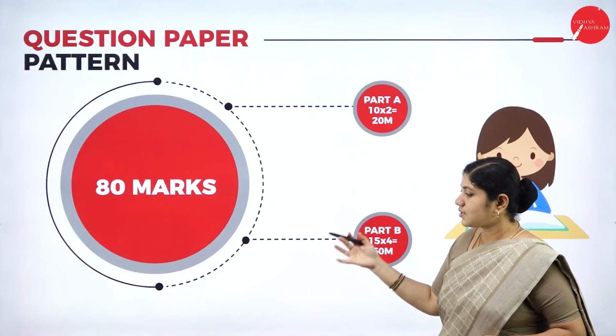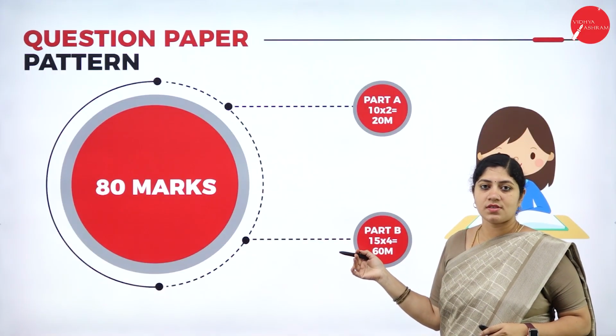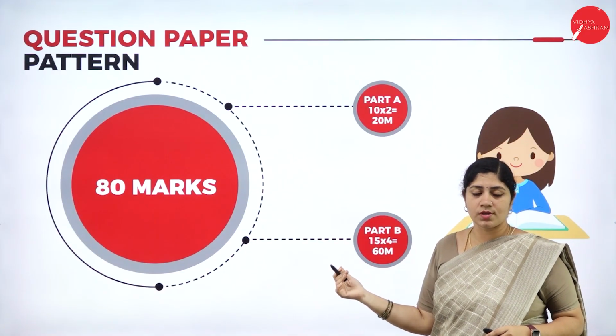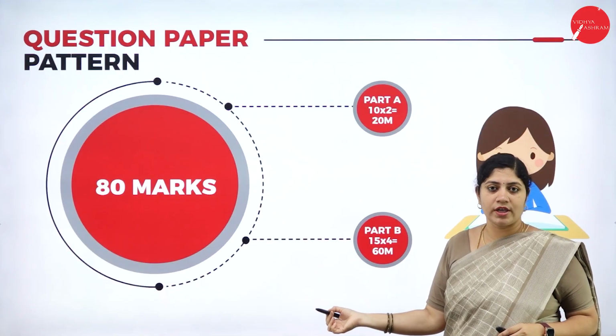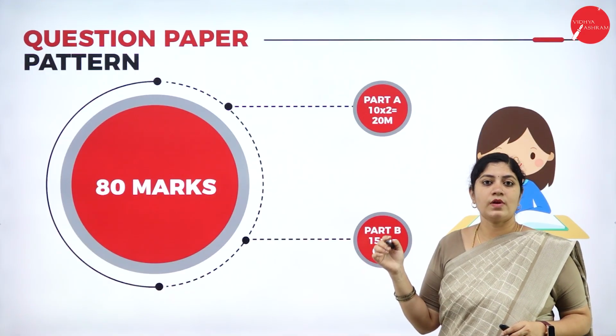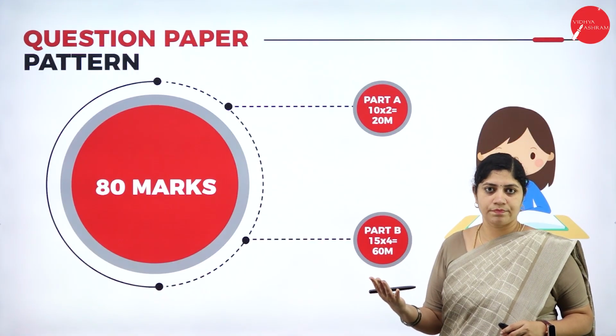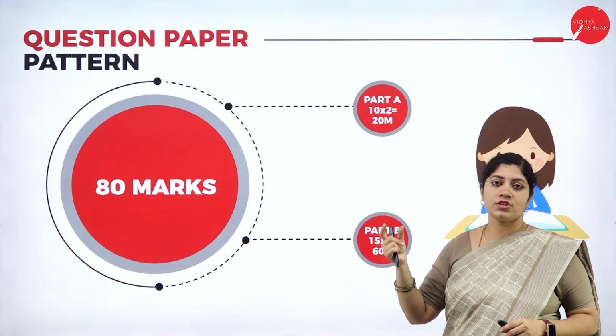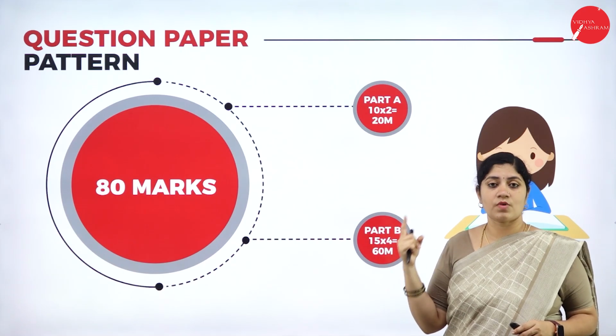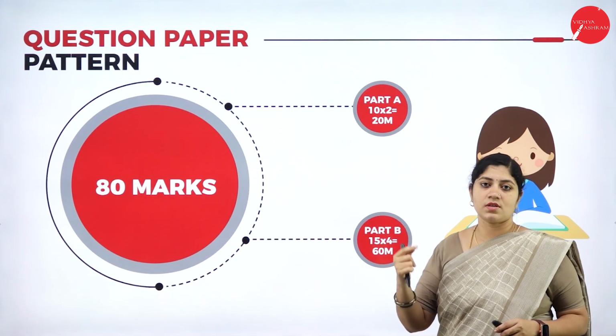Great. Next, part B will consist of 60 marks in total. How is this 60 marks allocated? Each question will be of 15 marks, and there will be 4 such questions. From each unit, you can expect one question with an internal choice.